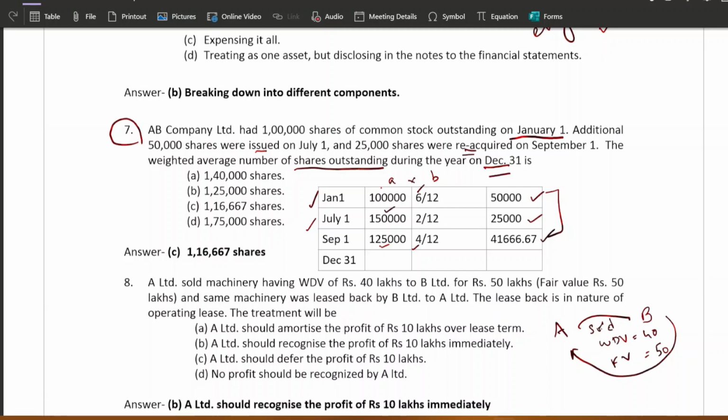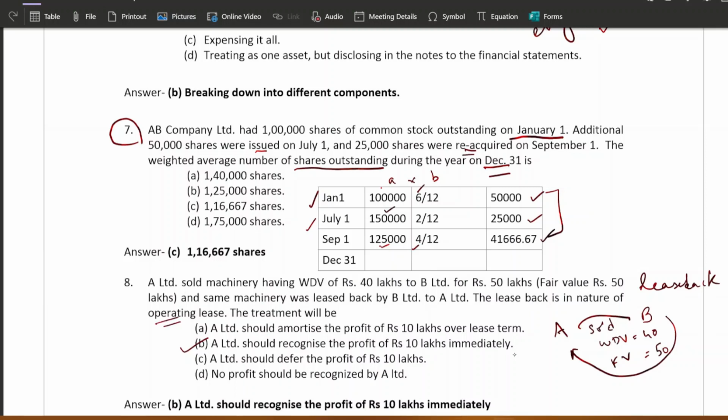The answer is A Limited should recognize profit of 10 lakhs immediately. So this is a lease back transaction. And in that, any profit or loss arising out of a sales transaction is recognized immediately. Okay. Now this lease back is an operating lease.